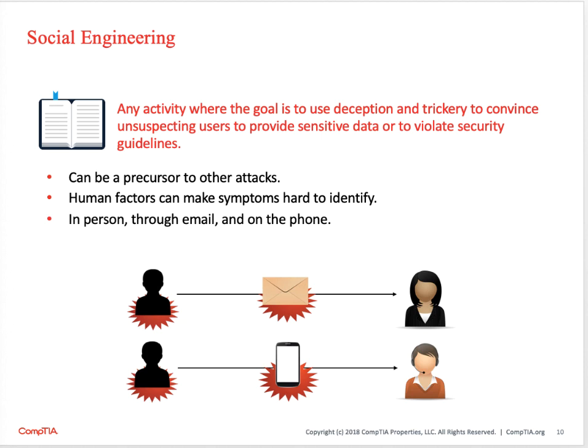And because these attacks depend on human factors, right? They can make symptoms hard to identify, right? Social engineering attacks are going to be in a bunch of different ways: emails, phones, etc.